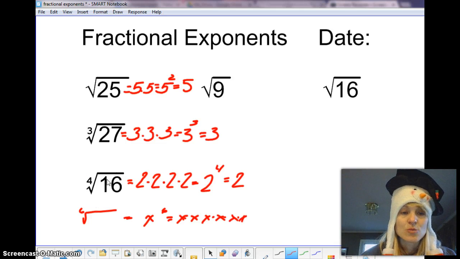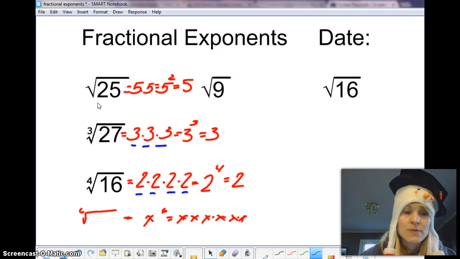Now going back to these roots, to the fourth root, we had to have 4 2's, right? Or 4 of something. For the third root, we have to have 3 numbers multiplied by itself. For the square root, we have to have 2 numbers.